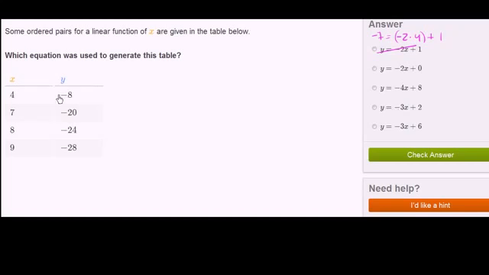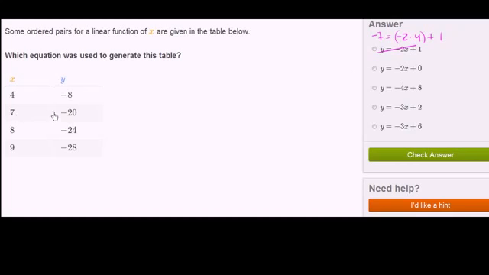Whatever equation it is should be able to generate, for any of these x's, the corresponding y right over here. Now let's go to this next equation. y is equal to negative 2x plus 0. So when x is 4, y would be negative 2 times 4, which is negative 8. So this second equation seems to be capable of generating this first point. When x is 4, y is negative 8.